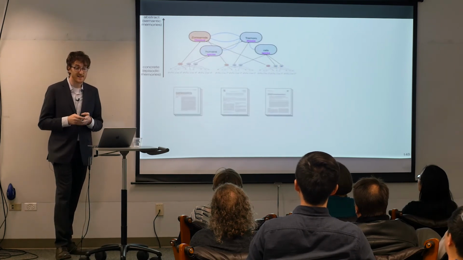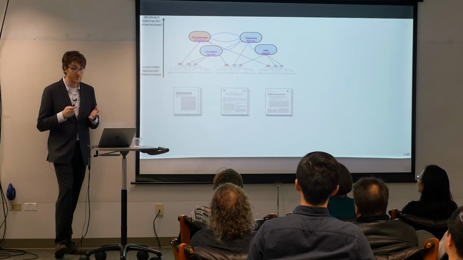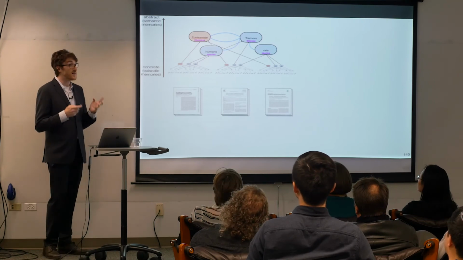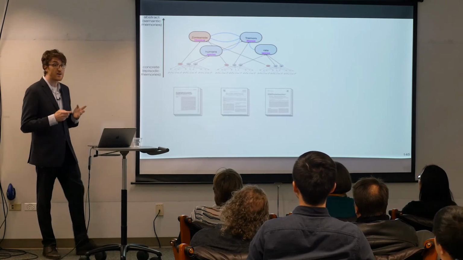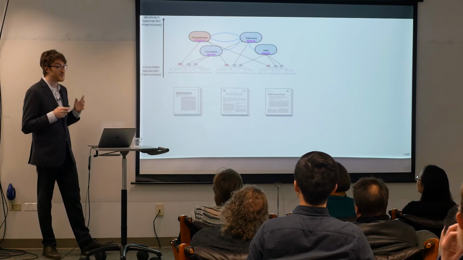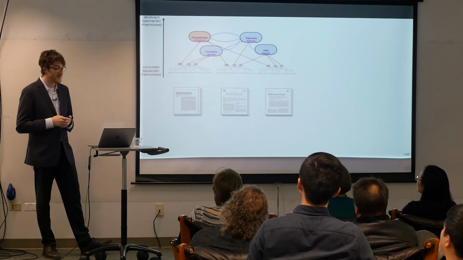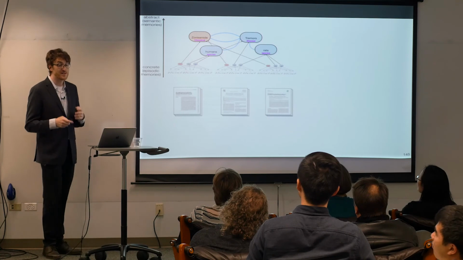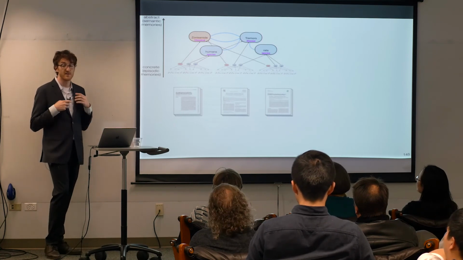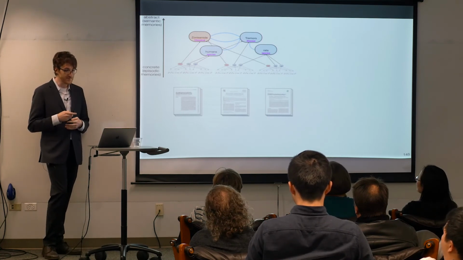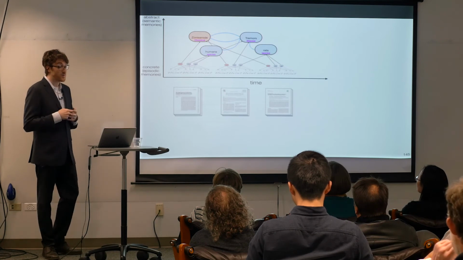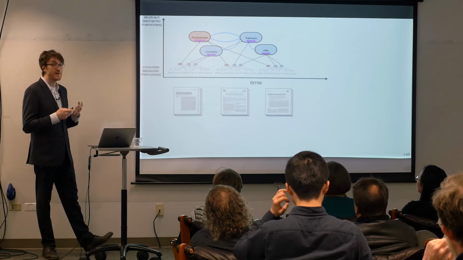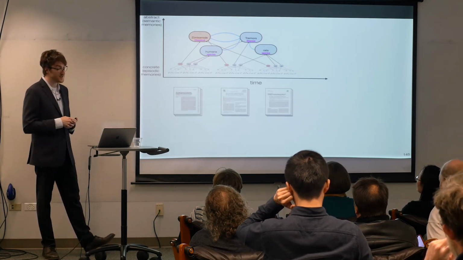So another type of context that's missing from current knowledge representation modeling is the concept of time. Nearly all research in this area focuses on knowledge and data from a single time slice. But this neglects the fact that new information is constantly being produced and knowledge is constantly evolving. So this is another area where our understanding of human memory could inform methods for integrating this type of information.